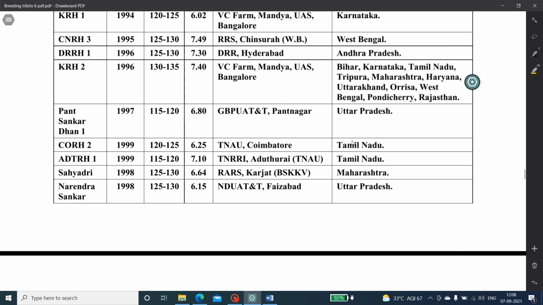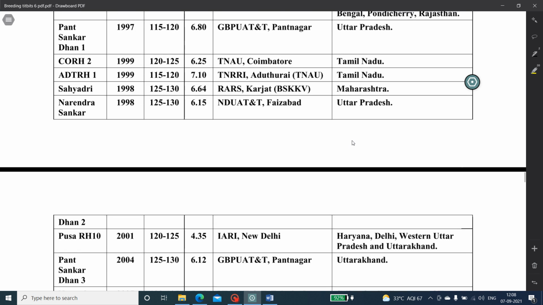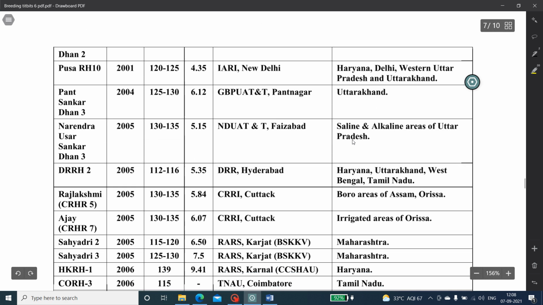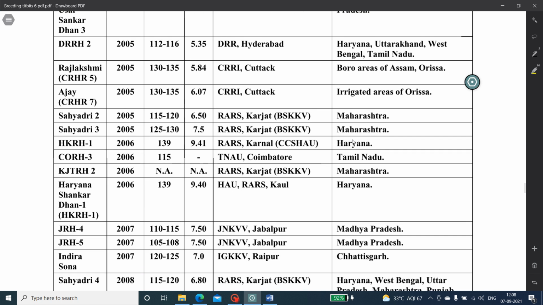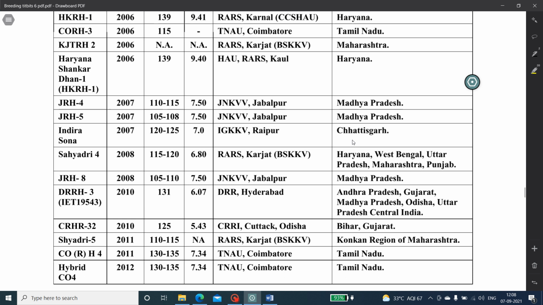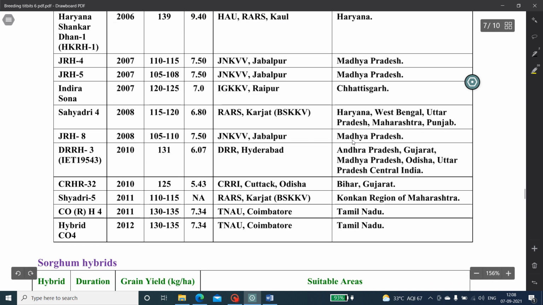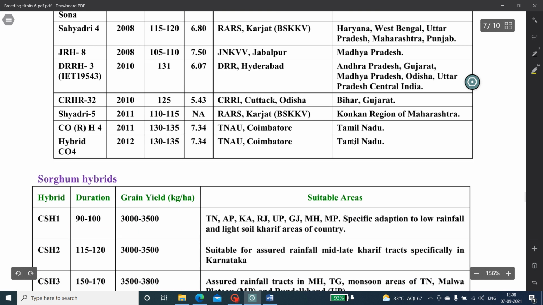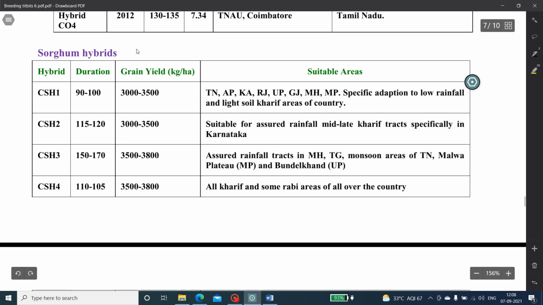About 30 to 40 hybrids are from state agriculture universities as well as the ICAR research stations located across the country. And I have not included the private hybrids in this table. I have only included the public sector hybrids. Similarly, the sorghum hybrids are also listed in this table, and you can read all these things.